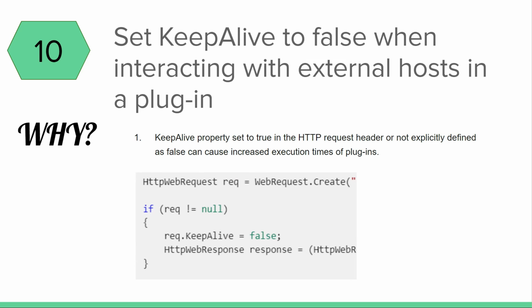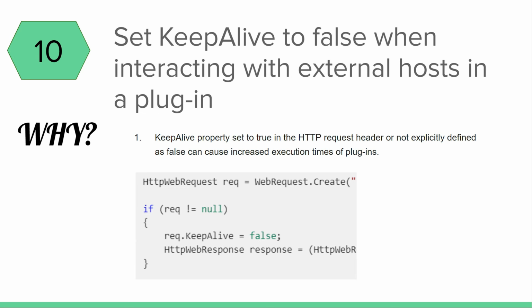Set keep alive to false when interacting with an external host in a plugin. There is a high chance that in our plugin we interact with an external host or external web services or web APIs. In that case, you need to use a property of the web request called keep alive.